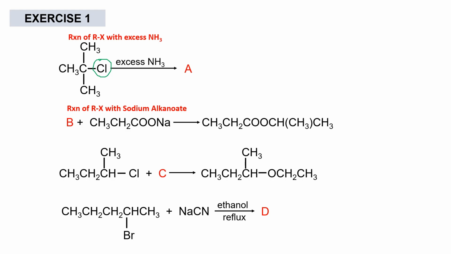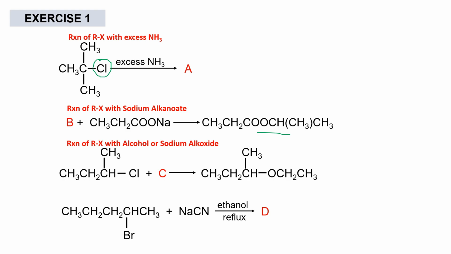So B should be a haloalkane. In this case, X from haloalkane can be either chlorine or bromine, and is replaced with the carboxylate ion RCOO- to form an ester.